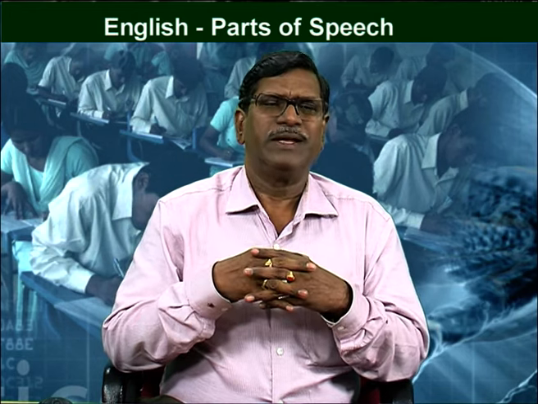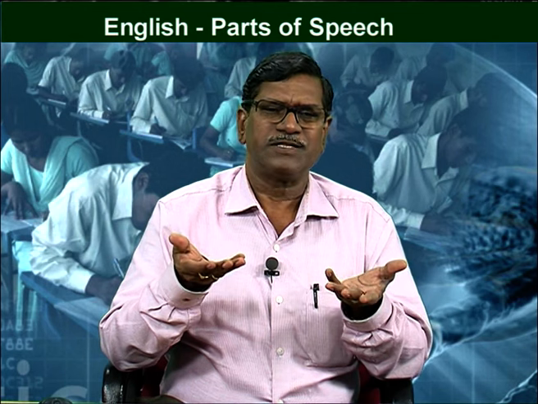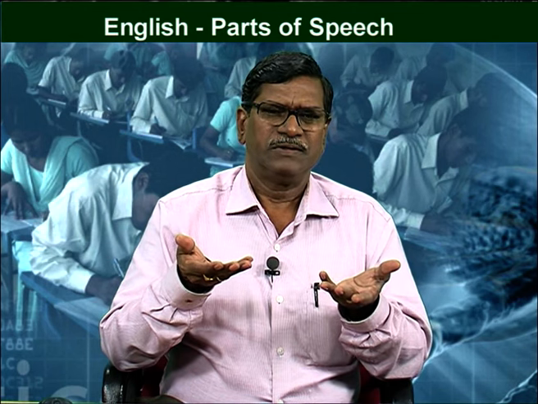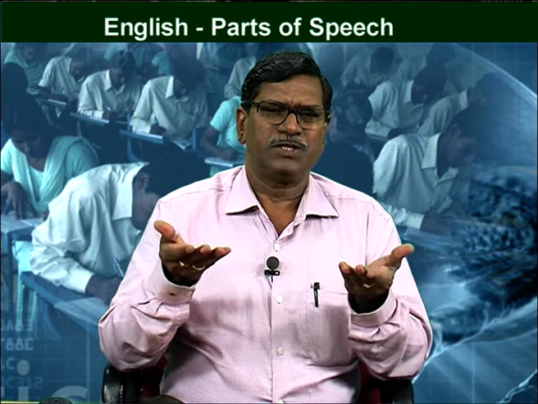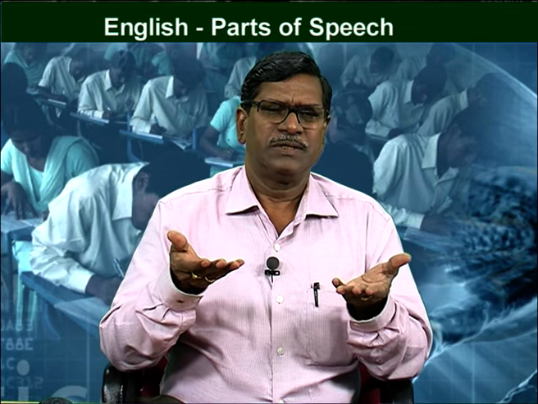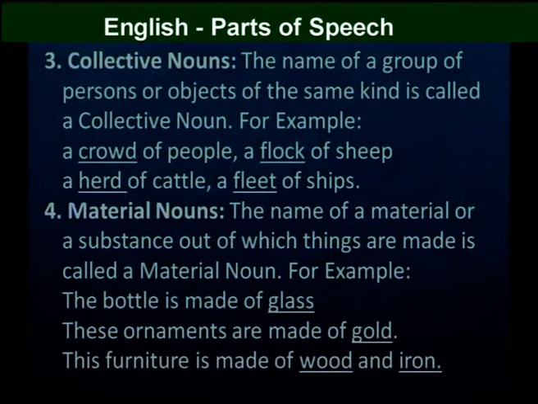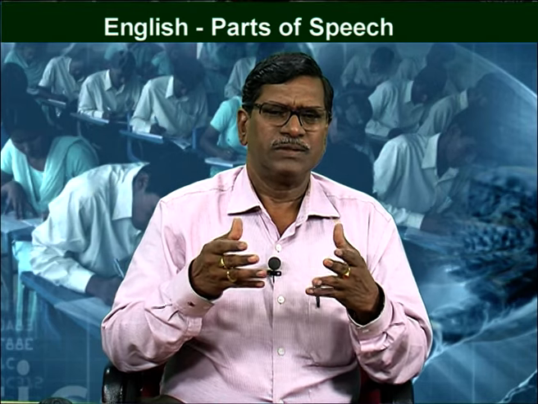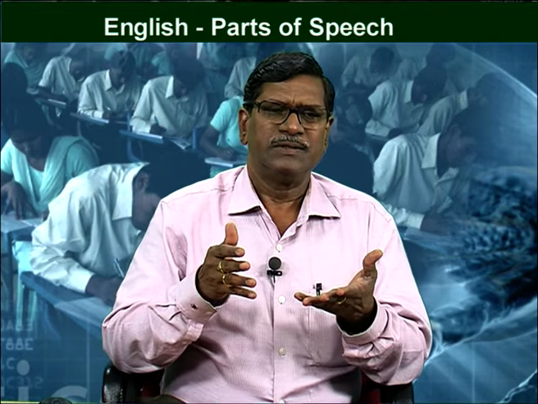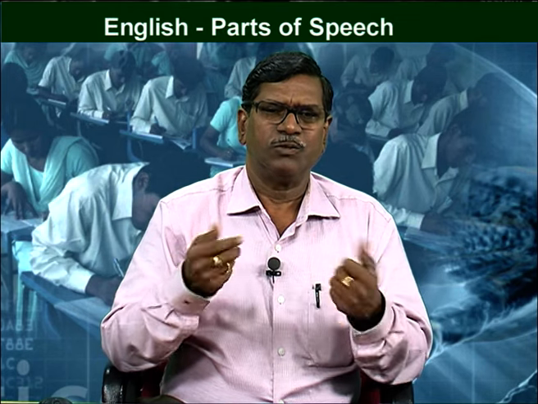Similarly, material nouns, very easy to identify them. The name of the material or a substance out of which things are made. Furniture is made of iron and wood. So, iron and wood, they are the material nouns.